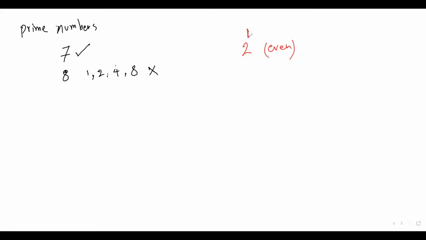That's another mistake that some students make. So the smallest prime number, which happens to be even, is 2, right? After that, you cannot find any prime number which is even. So all of them after 2 are odd. So 3, if we go in order, the next one would be 5, right? 7, 11, 13, and it keeps going.